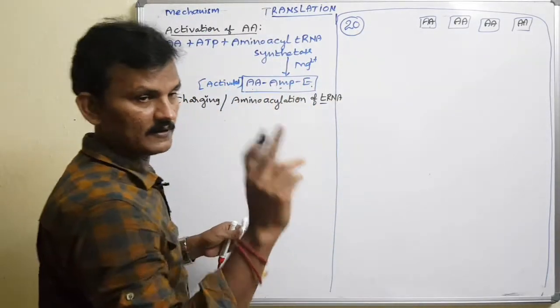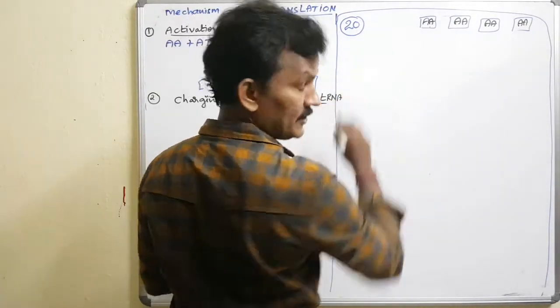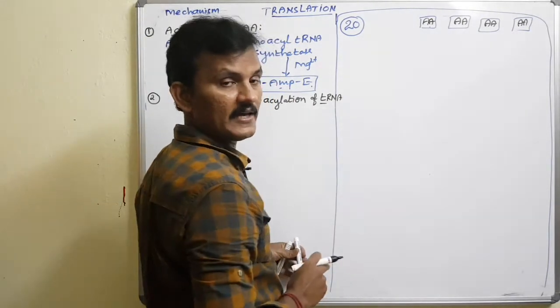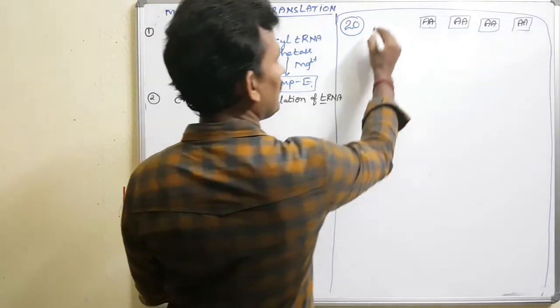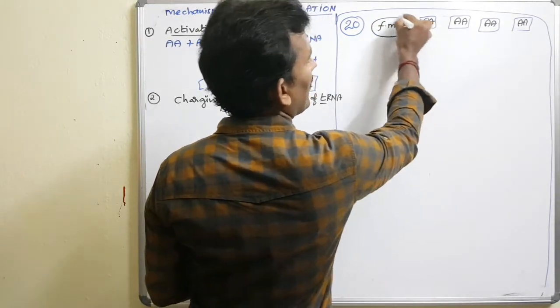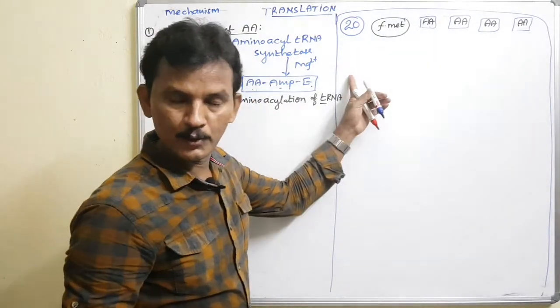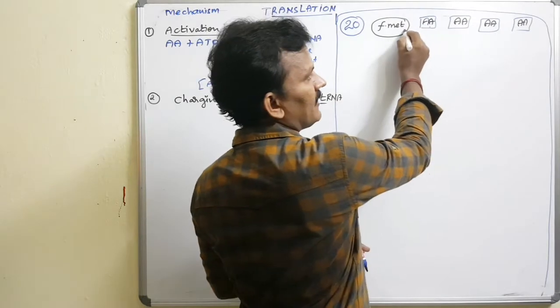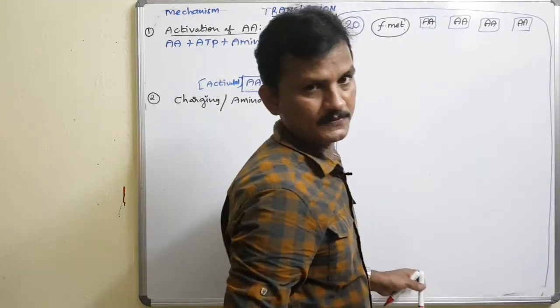Before that, we need to mention one thing: one of the amino acids is methionine. The activated form of methionine is called fMet, formylated methionine in prokaryotes, only methionine in eukaryotes. It is also activated like all other amino acids.